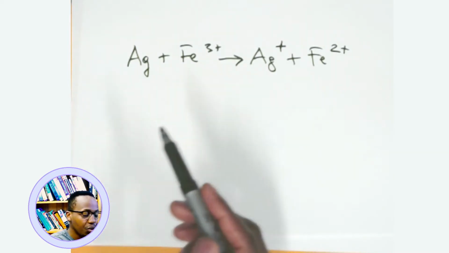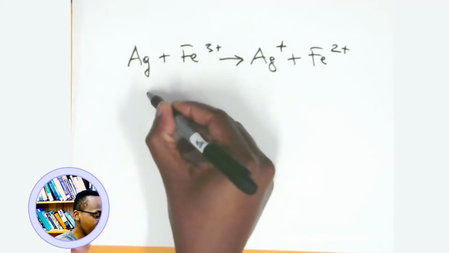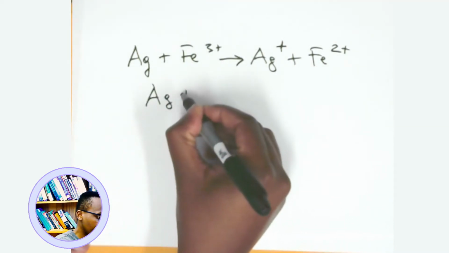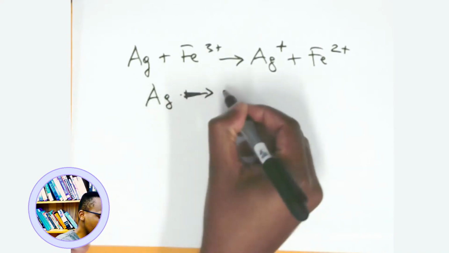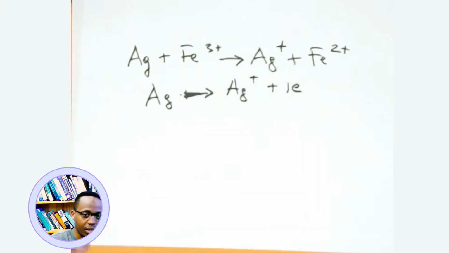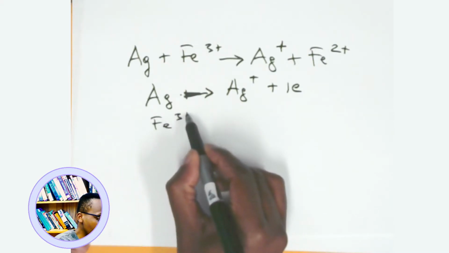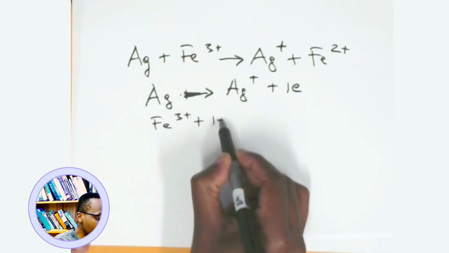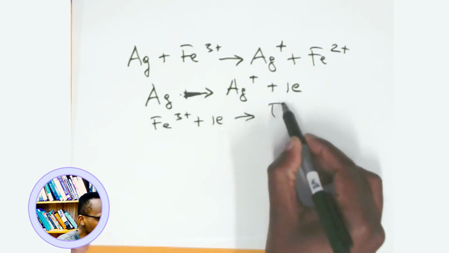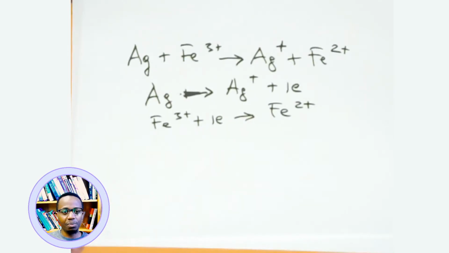So from this total equation, you can isolate the half equations for each one of them. So this one, you can say that Ag became Ag+ plus 1 electron, and Fe3+ gained 1 electron to become Fe2+. Right? It's pretty easy.